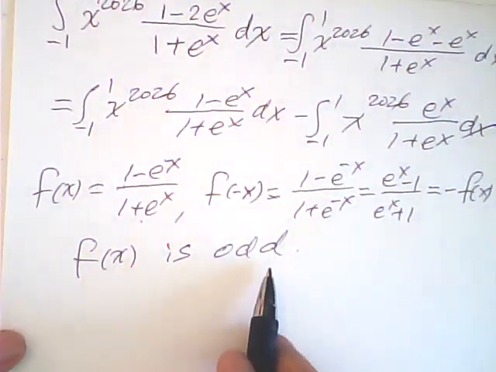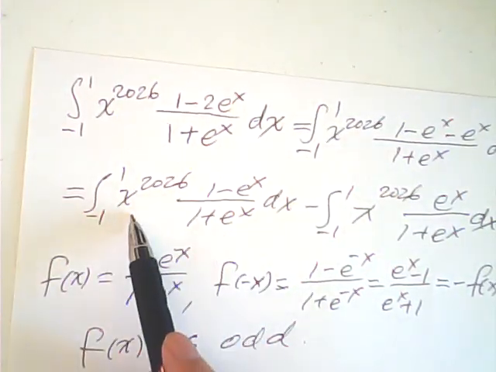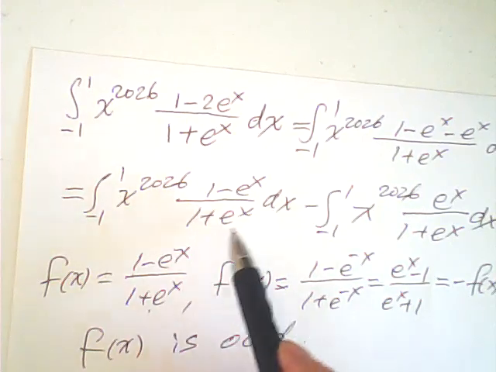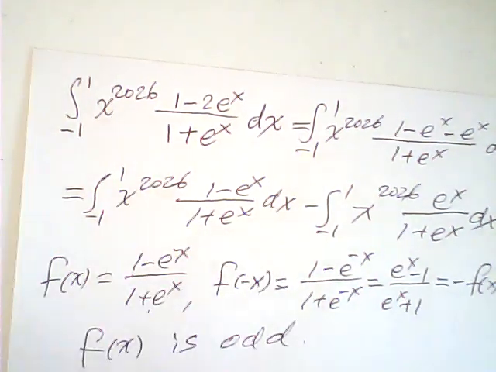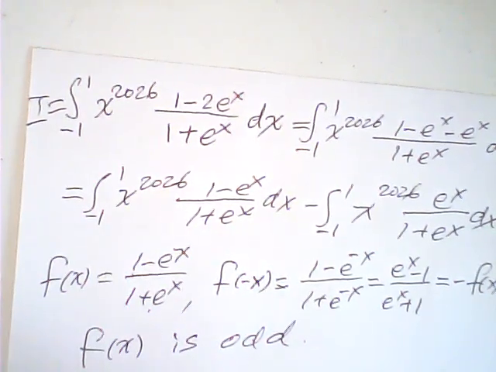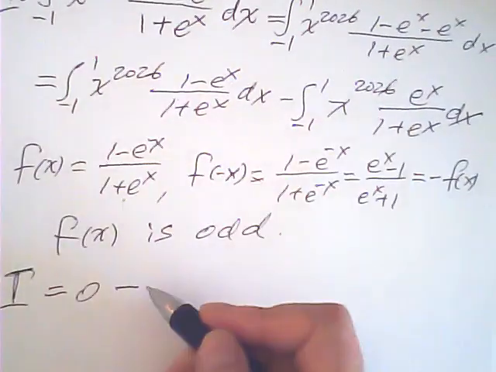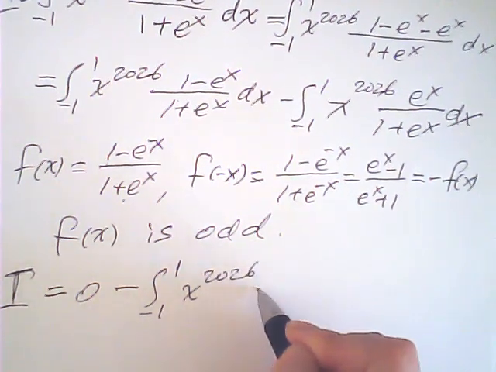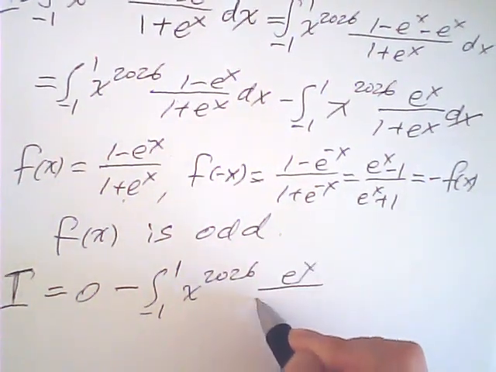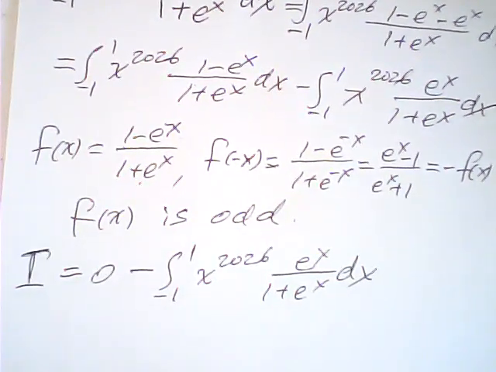If this function is odd, and x^2026 is even, together it is an odd function. So in this interval, it's equal to 0. So my I is equal to, this is 0, so minus this one, x^2026 e^x/(1 + e^x) dx.